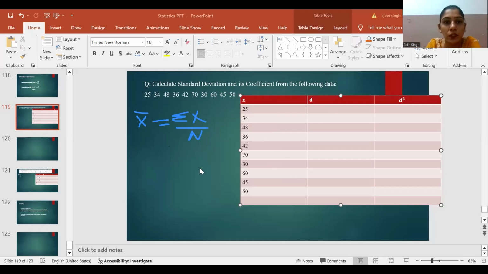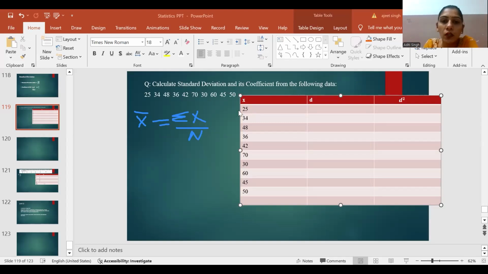Let me calculate it: 25 plus 34 plus 48 plus 36, after that plus 42, then plus 70, after that plus 30, again plus 60, plus 45, and in the last plus 50.